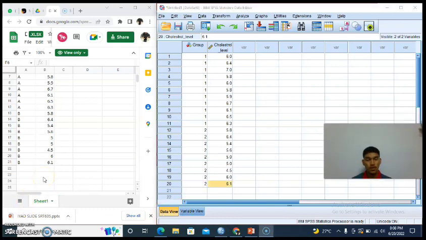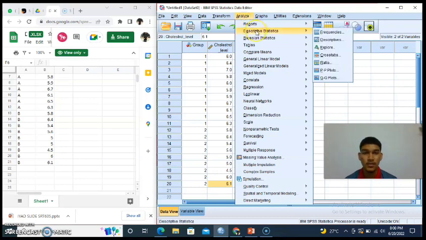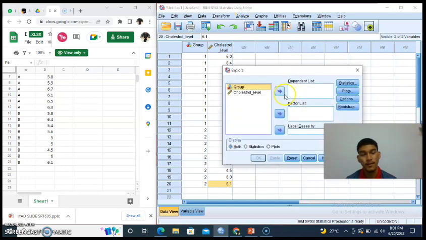Okay, next we do a test of normality. First we click analyze, choose descriptive statistics, and choose explore. For the dependent list we key in cholesterol level, and for the factor list we key in group.